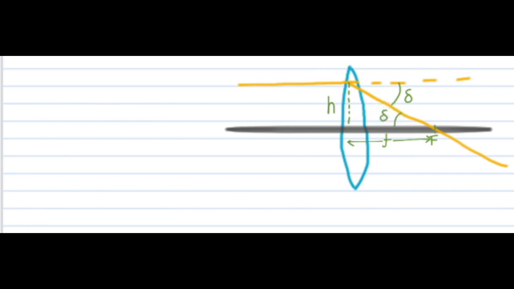So if you have represented this by delta, in that case you can write what is tangent of this angle. Tan of delta will be the ratio of the opposite side, this is your opposite side, h, divided by the adjacent side, this is your adjacent side, f. So tan delta equals h by f.